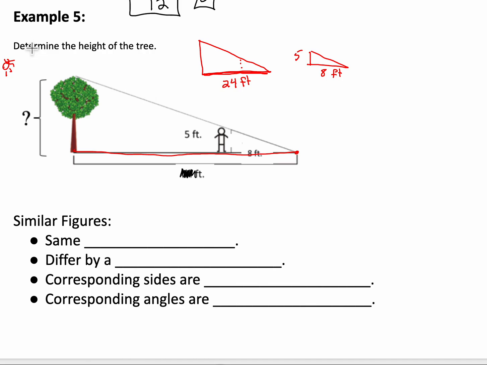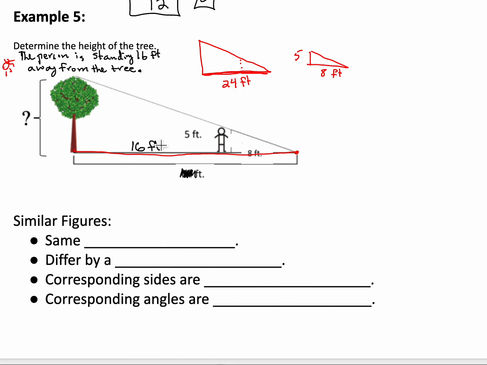They might give us a sentence, and it's usually this sentence that says, the person, and I want you to write this on your paper, is standing 16 feet away from the tree. Now, what that means in our picture is that this distance right here is 16 feet.